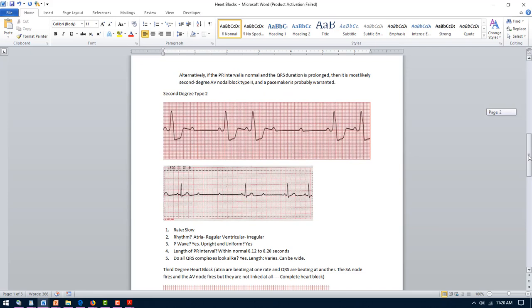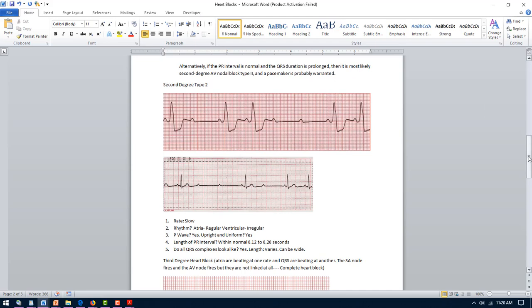Second degree heart block type 2, the Mobitz. We're going to see a slow heart rate. The atria, the P waves, are going to be regular, but the ventricle rate is going to be irregular. The P waves all look good, they're upright and uniform. When there is a QRS, the PR interval is going to be within normal limits, but generally it's just going to be dropped beats, dropped QRSs.